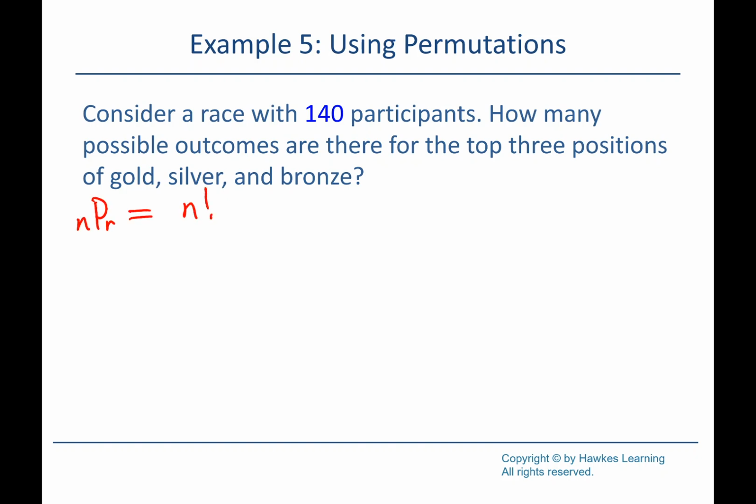Permutations formula is this, n factorial over n minus r factorial. Here we've got a total of 140 participants, that's our n. And we're choosing 3, so r is 3.